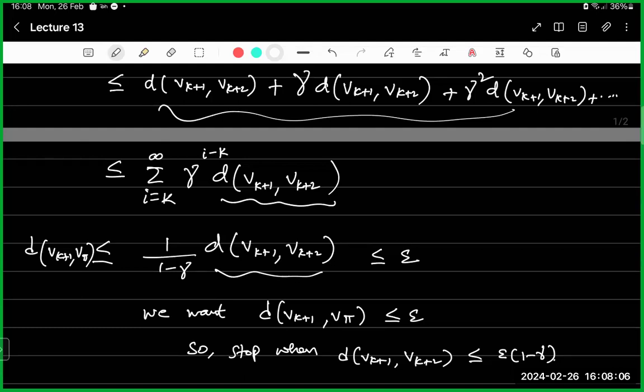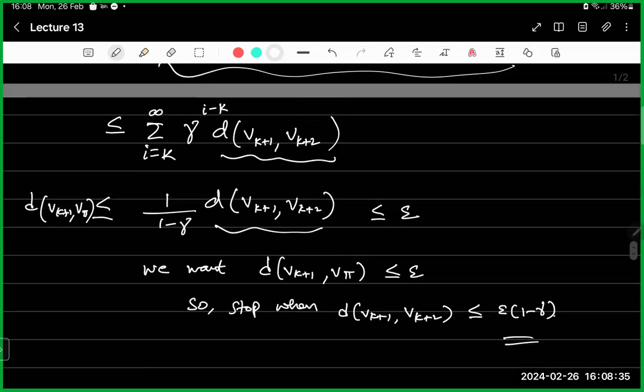You want to be sure about how close you are to the value which you want to go to. So this is giving a relation between the distance between vk and v pi. Based on two successive vectors, you are able to understand how close you are to the actual limit.